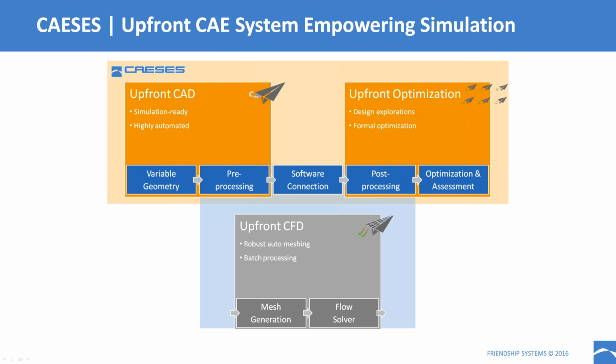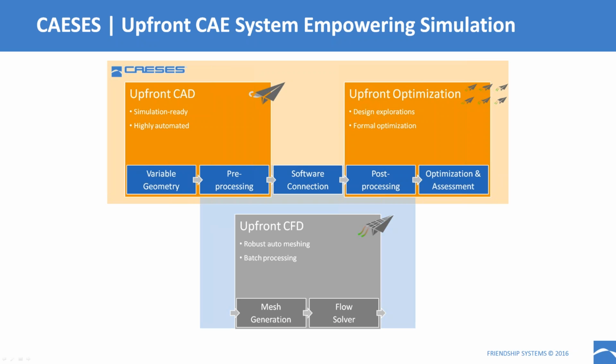So developing your geometry design based on simulation results and enabling the user to carry out automated optimization processes, as well as design explorations, and to develop the product he's working on to get a higher performance, and obviously through the automation of the process save time and money.